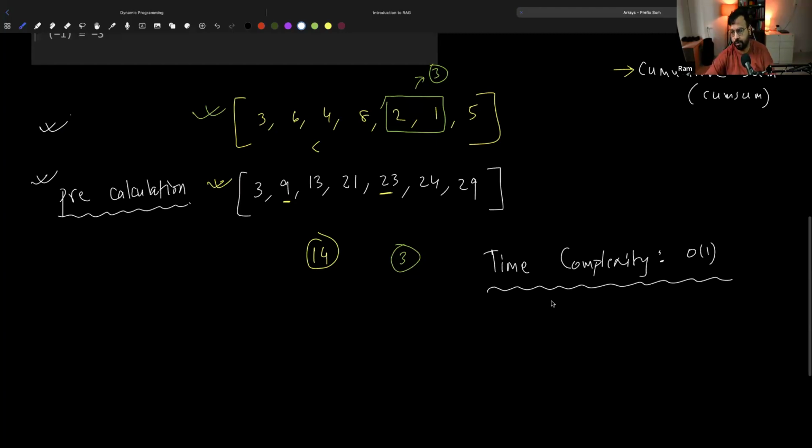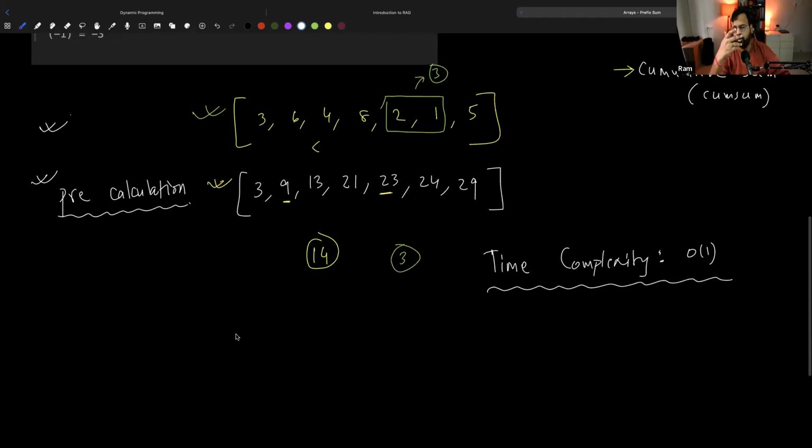Can we try to write the code for this? Guys, please tell me. Sir, in the pre-calculation we also have to calculate, for one loop, right? Yes, you will do it once.